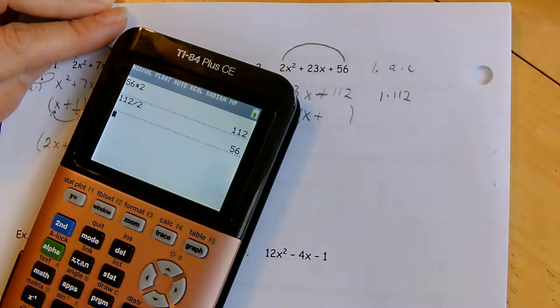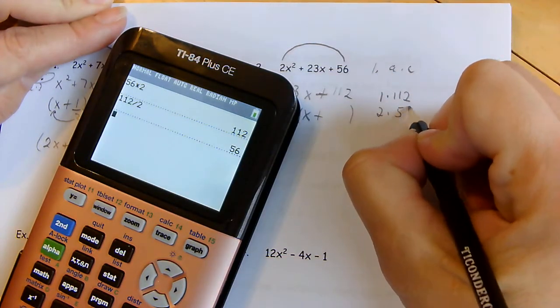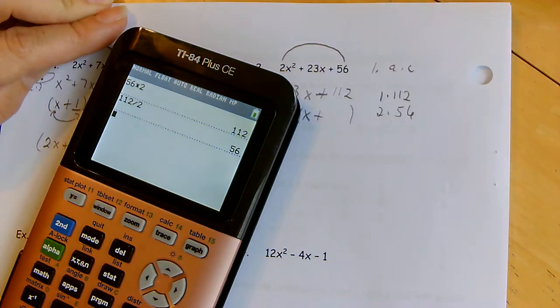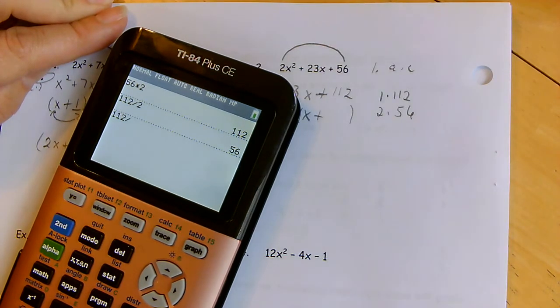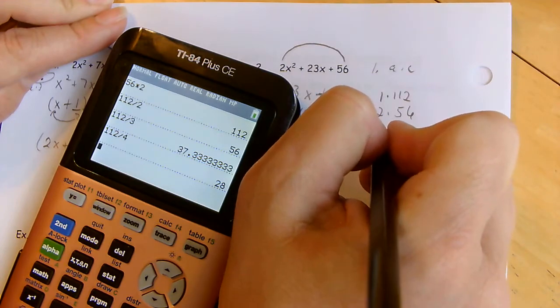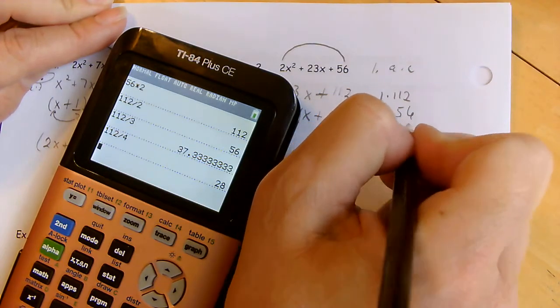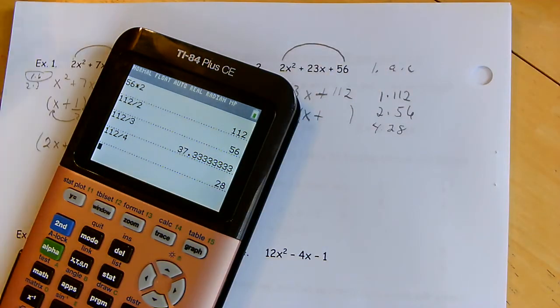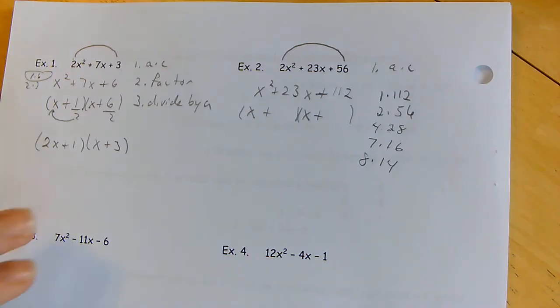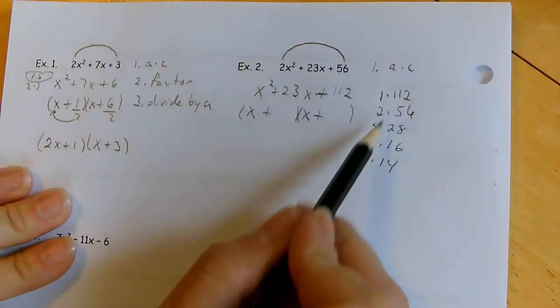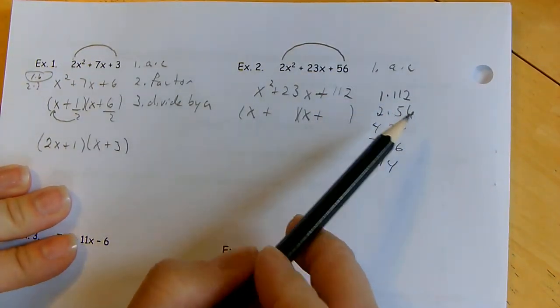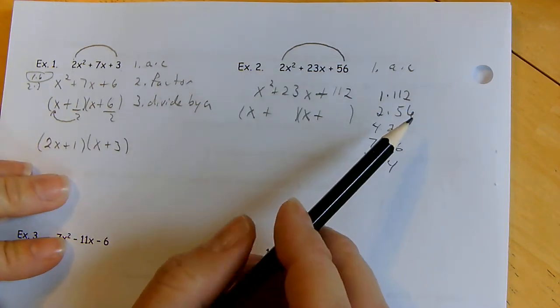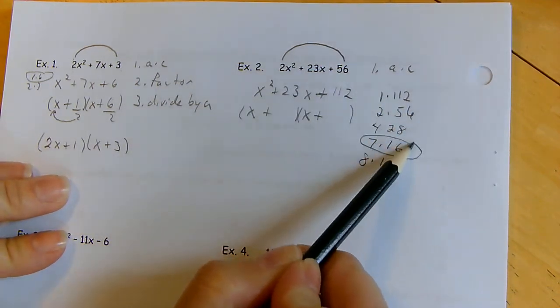So I'm going to just go through and make a complete factor list. So I'm going to pause this, finish my factor list. Okay, my factor list is done. These numbers multiply to 112, and these two will add to 23.